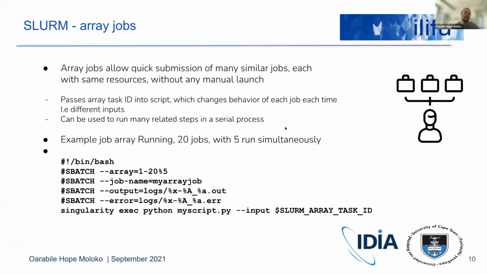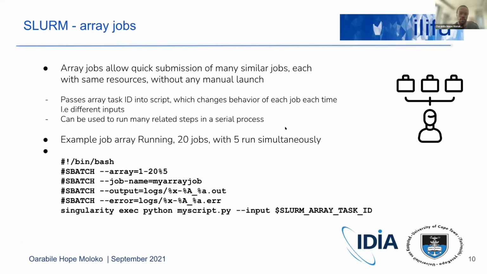Moving on, here I talk about array jobs. The idea is that if you have a single job that you want to run many different instances of, for example, simulating particles in a cube and you want to run the same simulation multiple times with different input parameters, array jobs are definitely for you.